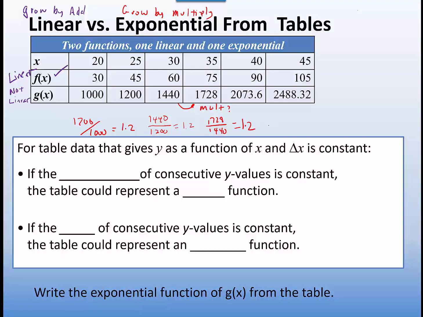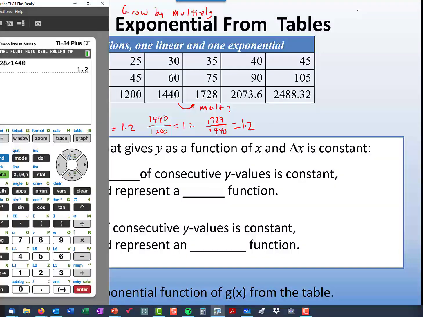So what this is telling me is if I take the first y number, 1440, and times it by 1.2, I'm going to get the 1728, the next number. Does that keep happening? Well, let's do the next one. And since I got the calculator up, I'm just going to do the division in the calculator. 2073.6 divided by 1728.